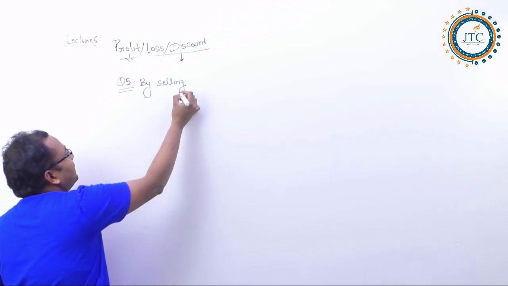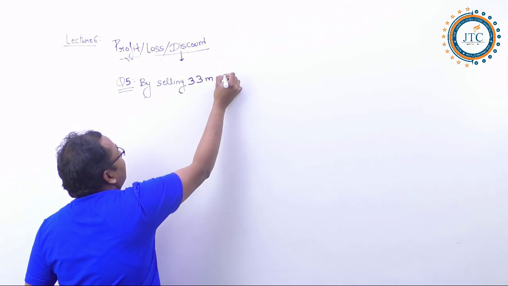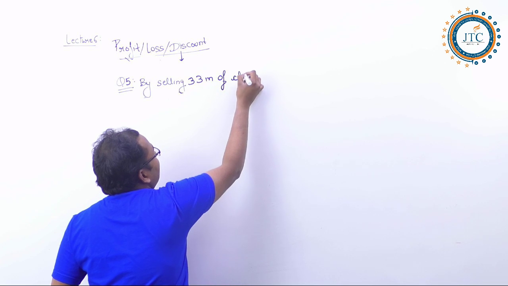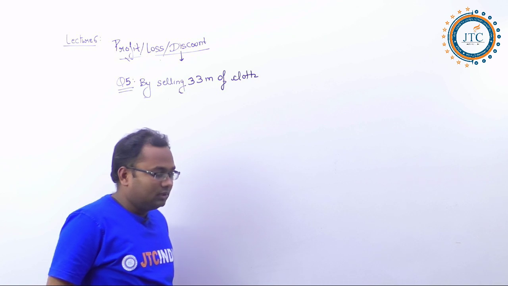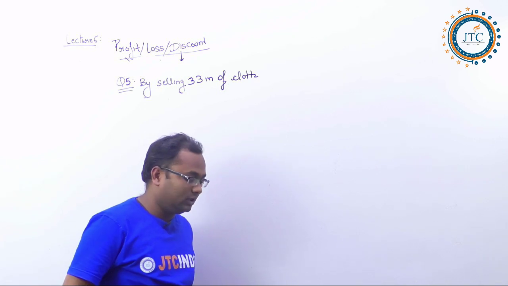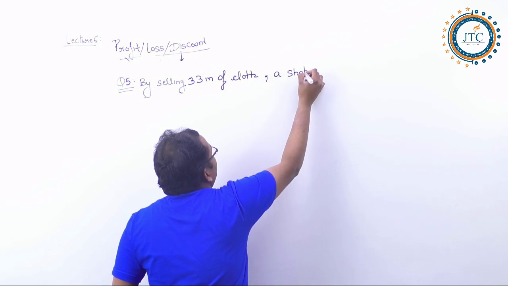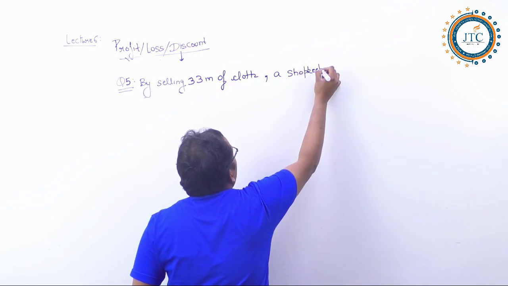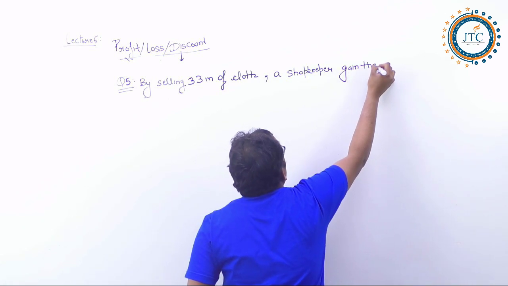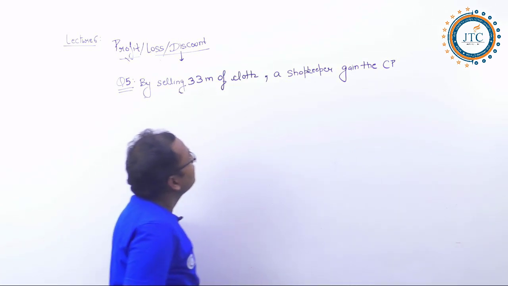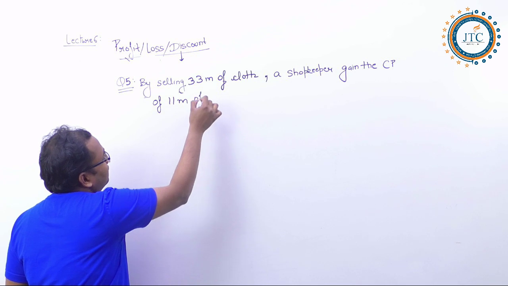Basically question number 5th says that by selling 33 meter of cloth, a shopkeeper gains the cost price of 11 meter of cloth.